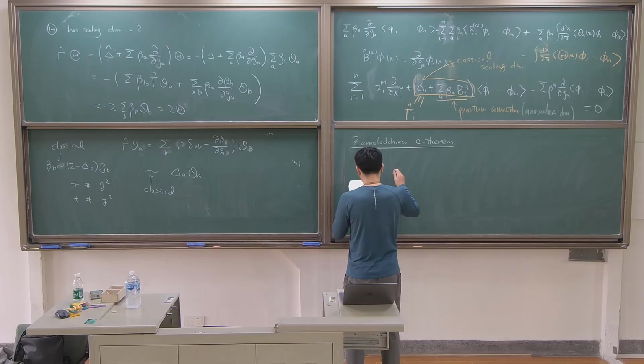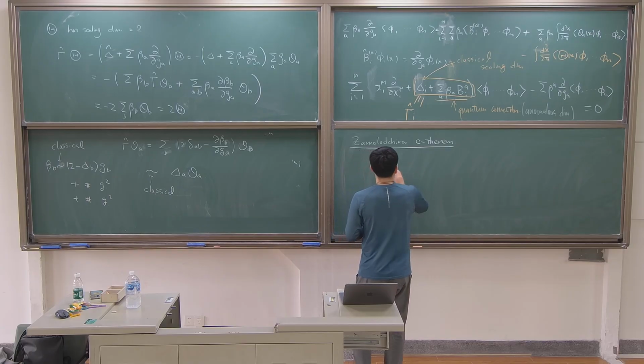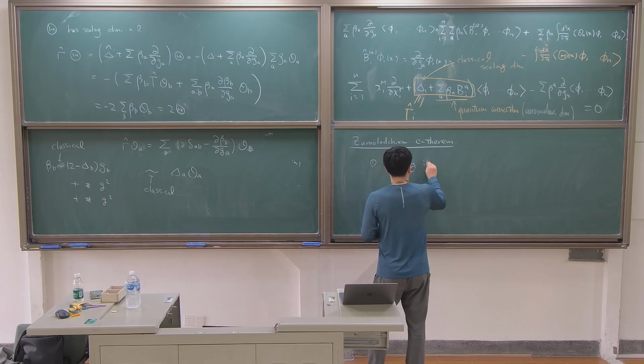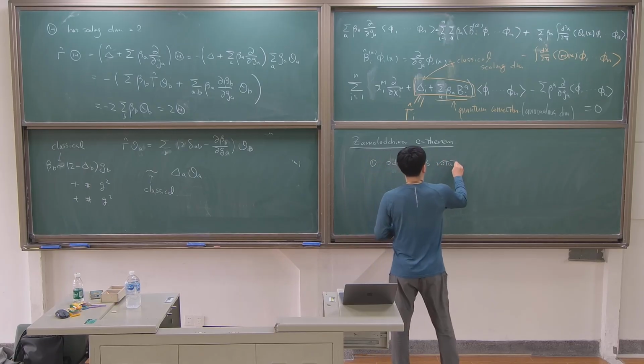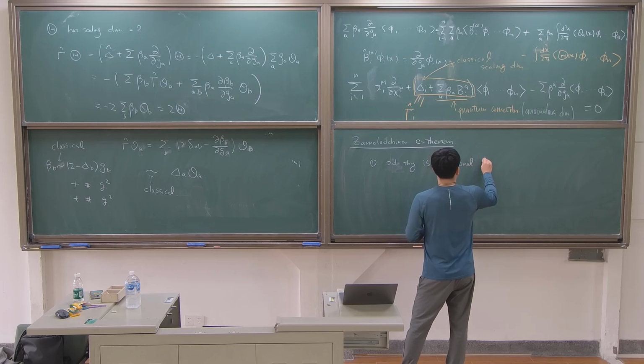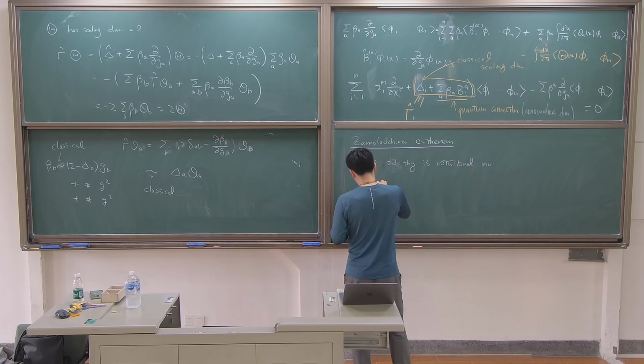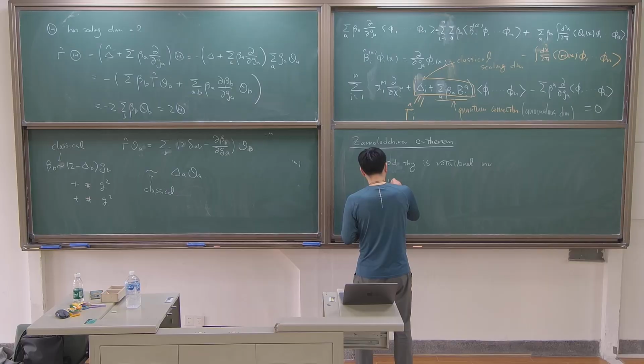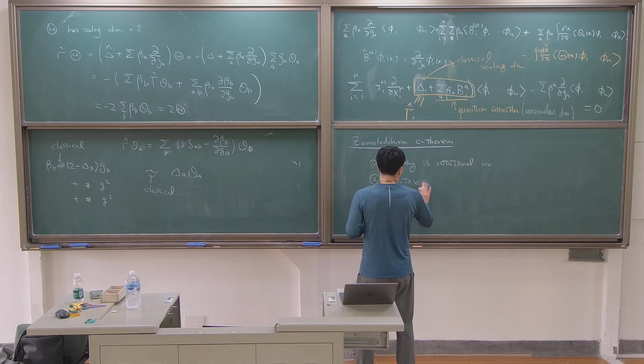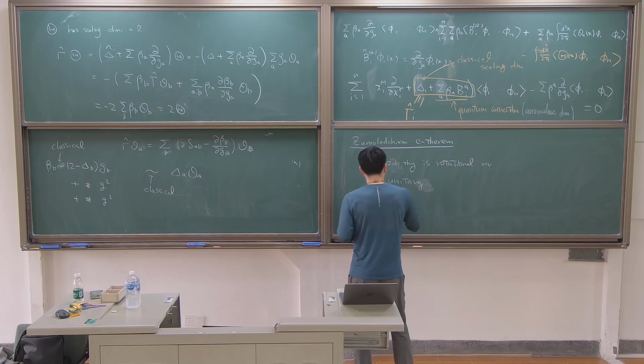Number one, you assume the two-dimensional theory is rotationally invariant. Number two, you assume unitarity, so the theory is unitary.